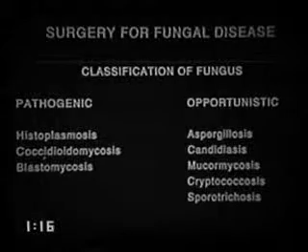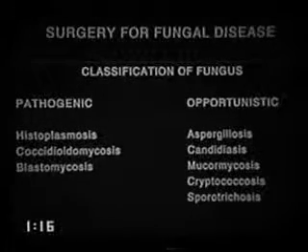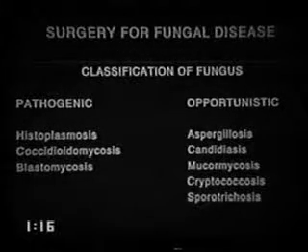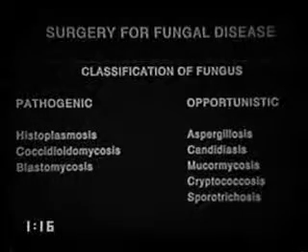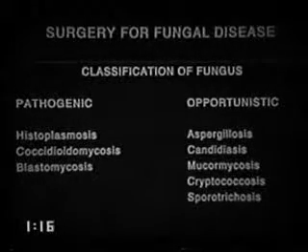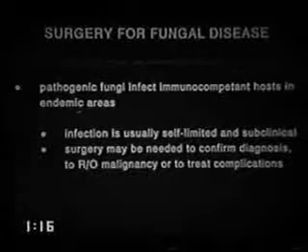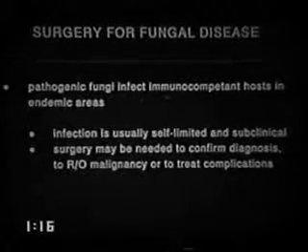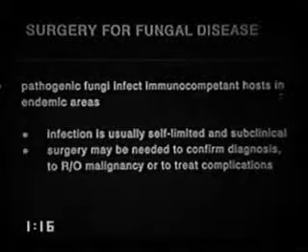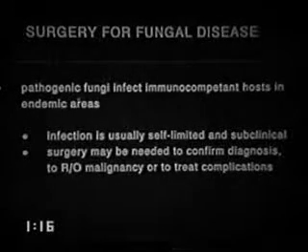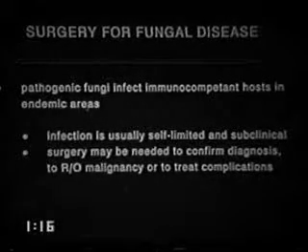Coccidio is endemic to California, the West Coast, and blasto is southwest. And we'll talk about pathogenic fungi infecting immunocompetent hosts in endemic areas, because that's most commonly what occurs.